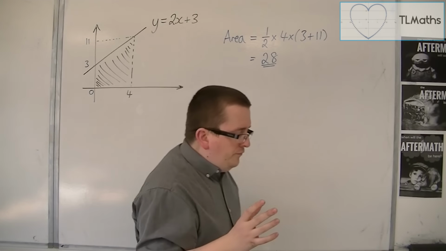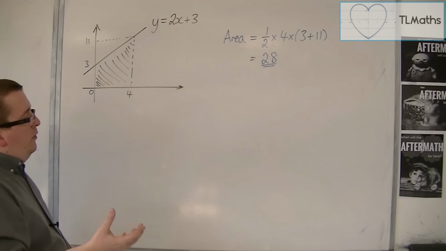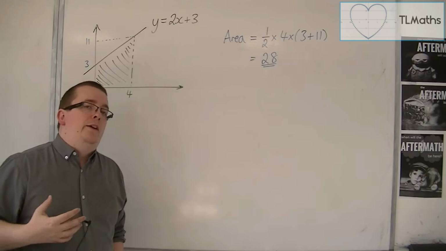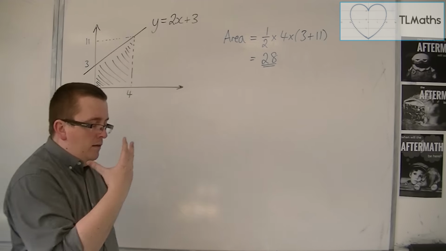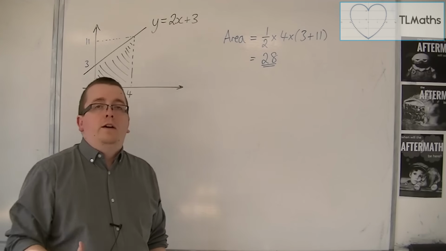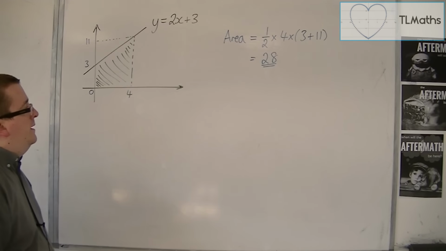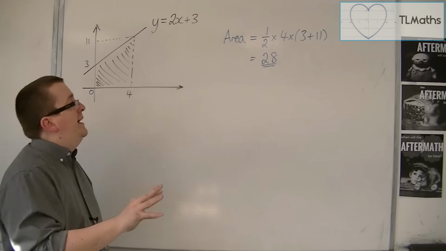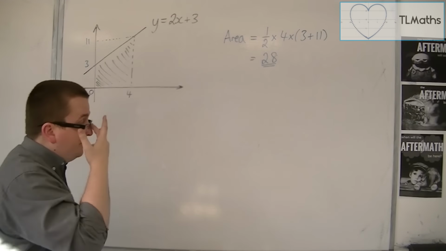Now, this seems quite a strange thing, and will appear like it's coming right out of the blue. There are inherent mechanisms at work in the background to allow this to happen, but I want to show you that we can get the same answer, 28, using integration.